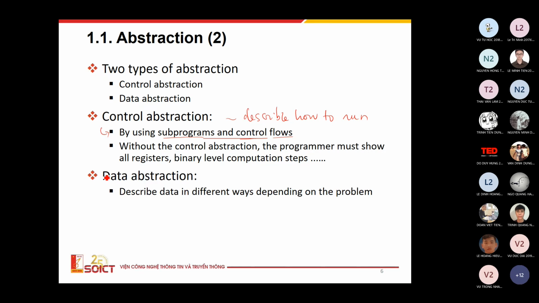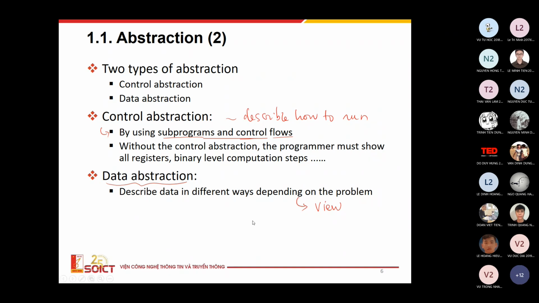And for data abstraction, you know almost about it. That's how you can describe the data in different ways, depending on the problem. Okay, and we talked about this, and maybe you will remember about the view, or the point of view, for example.